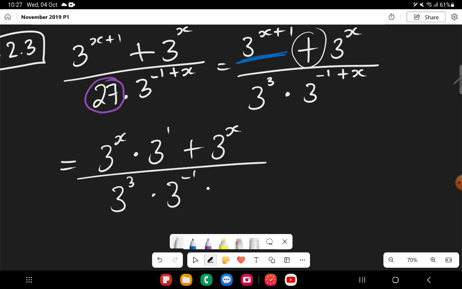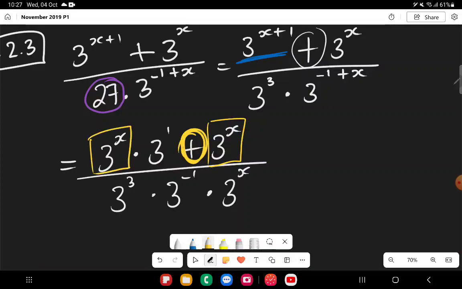Or we can split this one up as well. So this becomes 3 to the power of x. The main factor that's causing us to do this is this addition sign. Because of this addition sign, we want to factorize. So we're looking for a common factor. 3 to the power of x is common and 3 to the power of x is common.